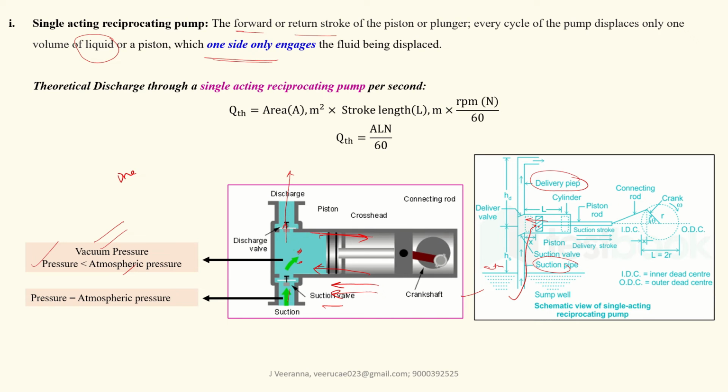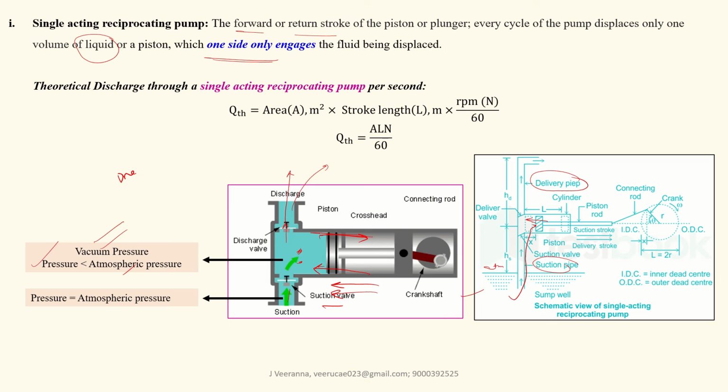Due to compression by the piston, since we can't compress the fluid, the liquid pushes the outlet valve, so the outlet valve opens and the water is discharged out.